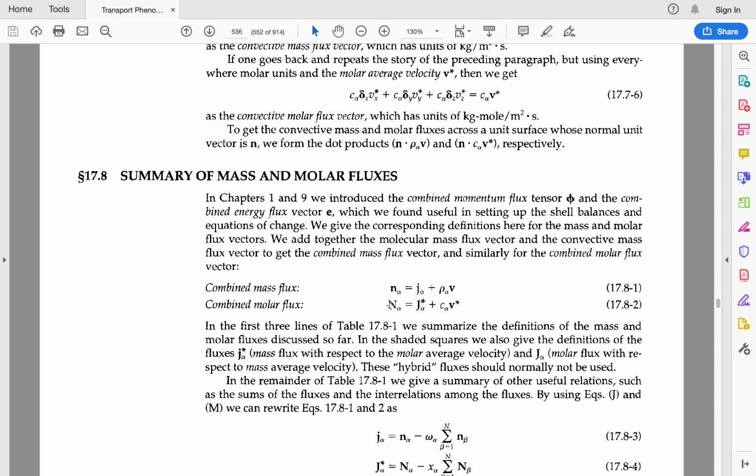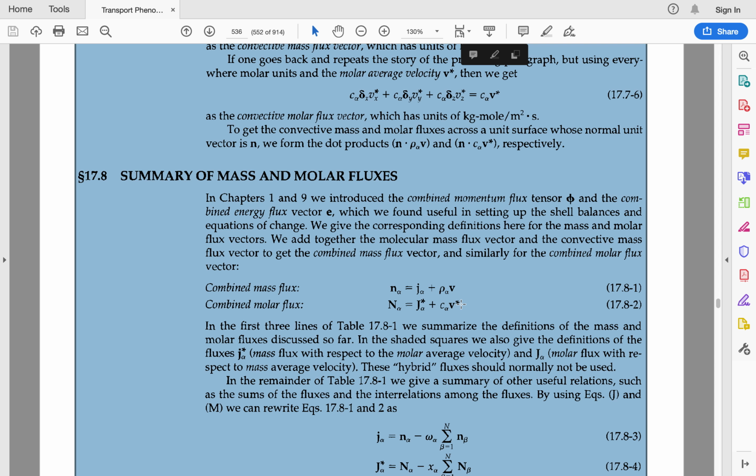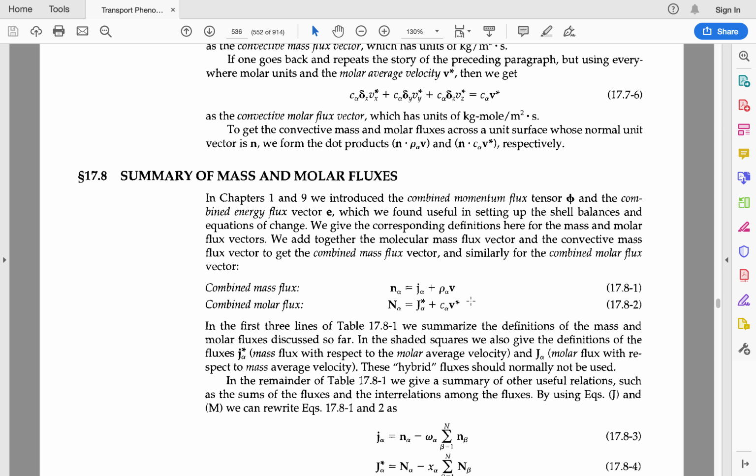For molar flux, we use a capital N_alpha, equal to J_alpha star, which is because of the molecular part, plus the convective part. Remember, in momentum transfer you also learned there is a molecular part and a convective part. In heat transfer, there is a molecular part, which is conduction, and also a convective part. In this case as well, the combined molar or mass flux is denoted by N.